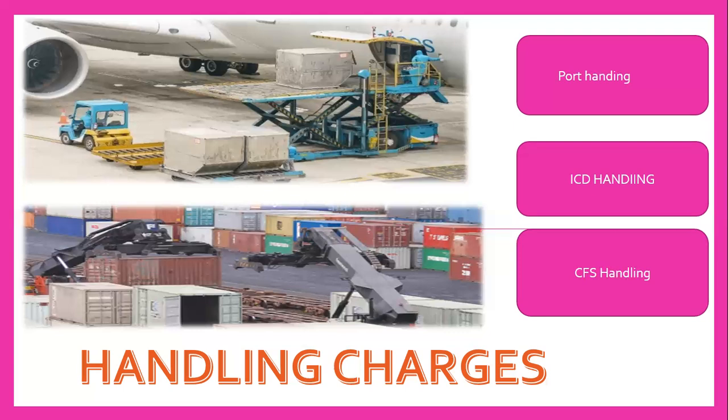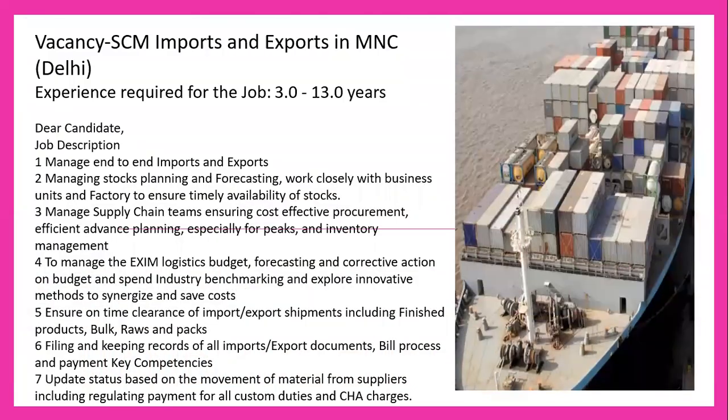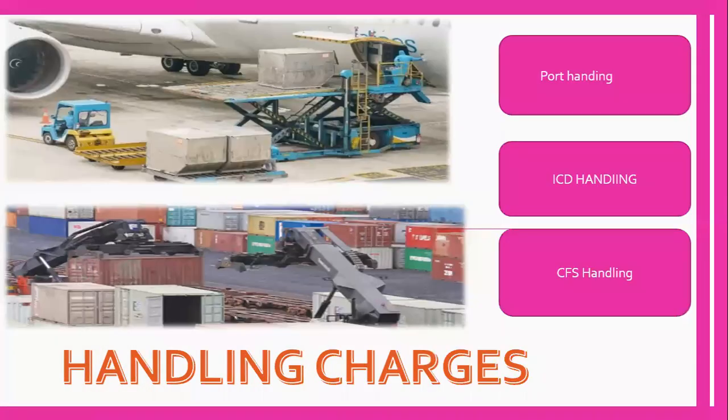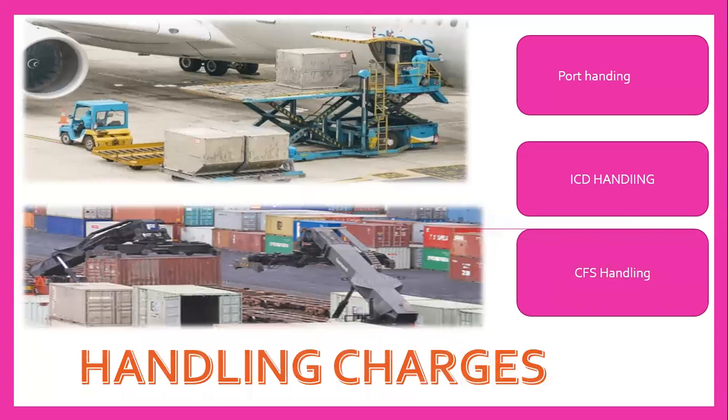That particular location is called the container freight station, and these are CFS charges. In such CFS bills, you will also find handling charges. So these are the types of handling charges in case of air and sea. Mostly we have seen airport handling charges, seaport handling charges, then ICD, then railway handling charges, and the CFS handling charges.